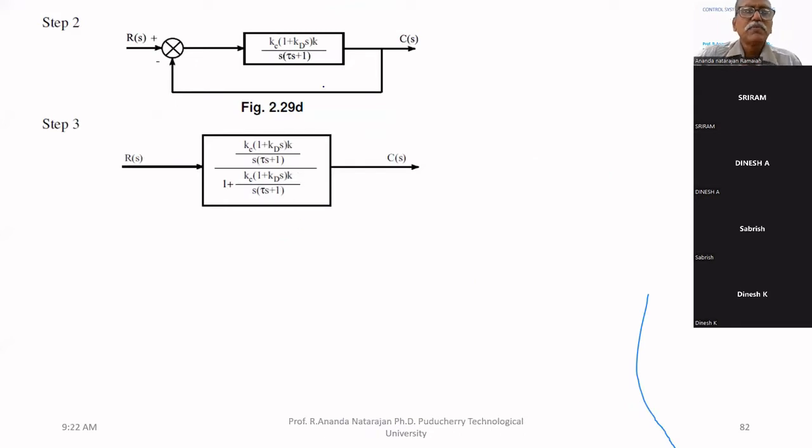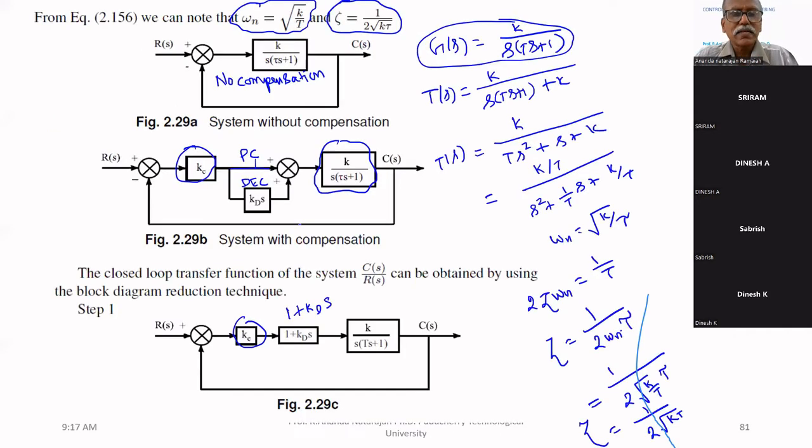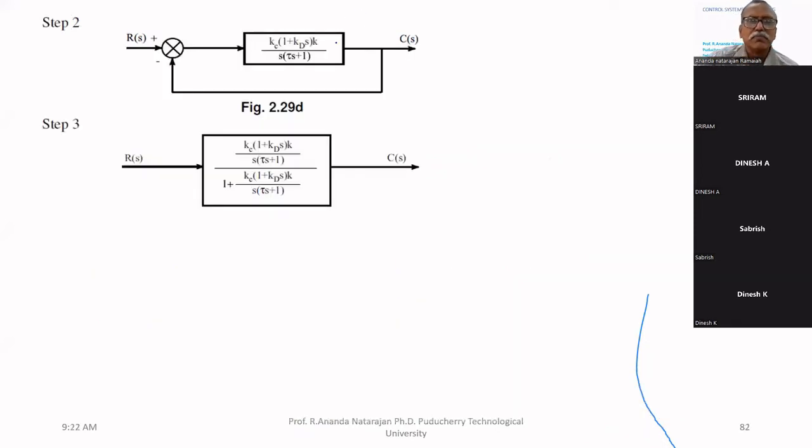So if you simplify further, you will get K multiplied by Kc multiplied by (1 plus KdS) upon s (tau s plus 1). This is what we got here.